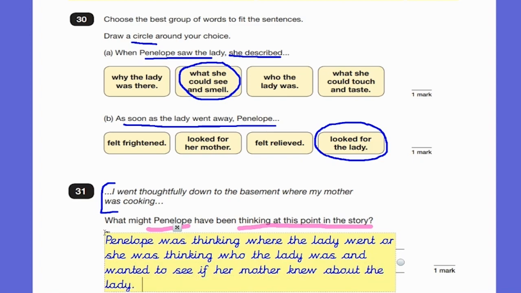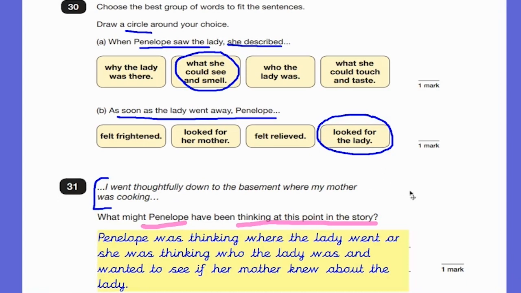Okay, that's why she's going down to the basement, isn't it? She knows her mum's in the basement and she can ask her mum, I've just seen this strange lady. Who is it? Maybe my mum knows. So that would be a correct answer for that question.